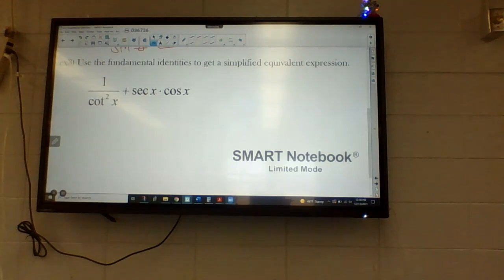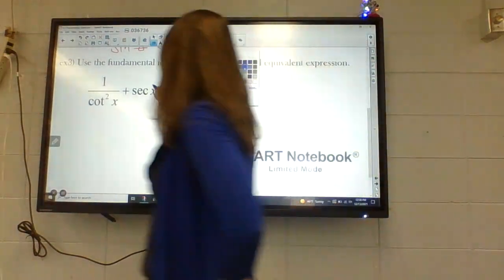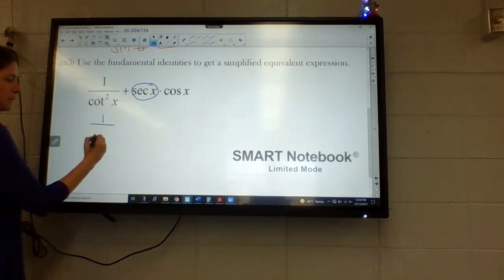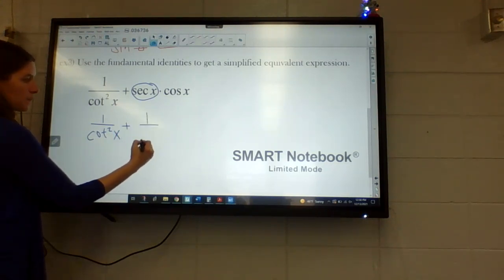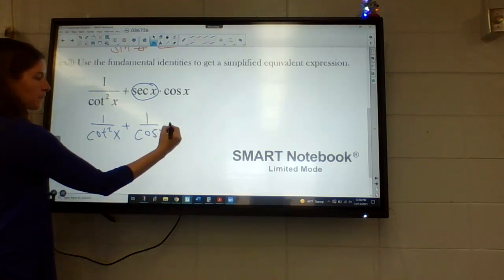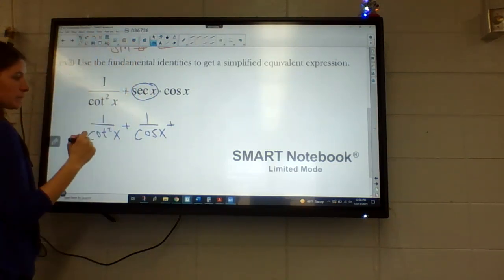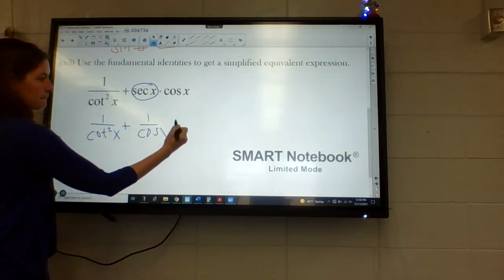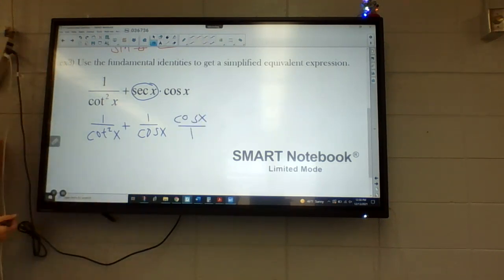All right, where do you guys want to start? The secant. Let's fix that. So this is 1 over cosine. And I'm going to put this cosine over 1, right?